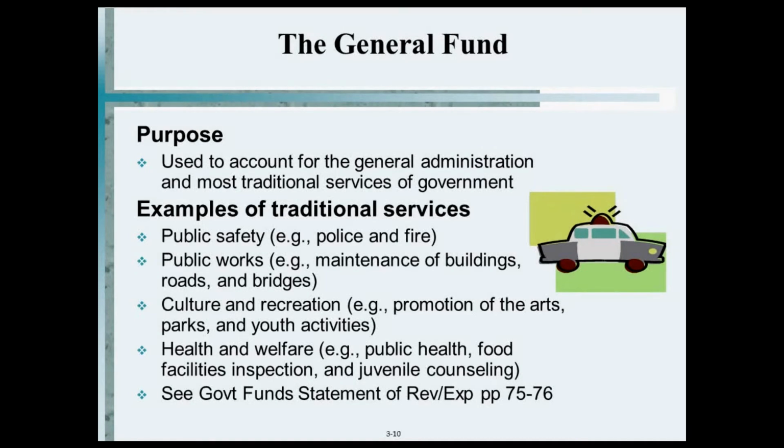Debit cash and credit other financing sources. Why do we do that? Because this other financing source is an account used to describe things other than revenues, where the money is coming into the government. If it's revenues, you put it in revenues. But if it's something strange, like money being raised through a bond issue, it goes into other financing sources.